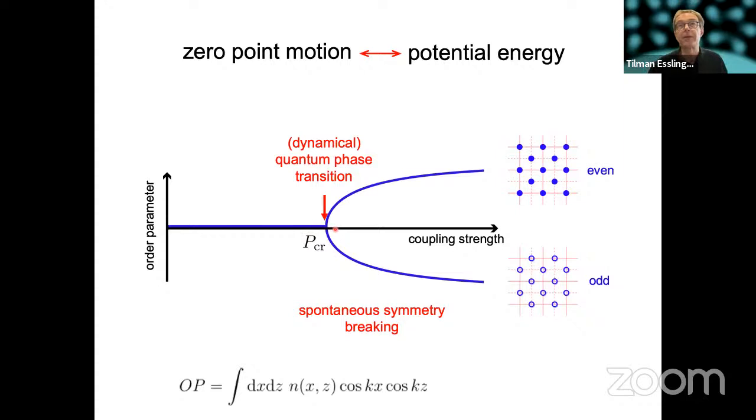Above the phase transition, the system can lower its energy by coming up with a density ripple, since there is an additional field in the cavity, which due to its AC Stark shift lowers the energy. So you have this competition between zero-point motion and potential energy that drives the phase transition.